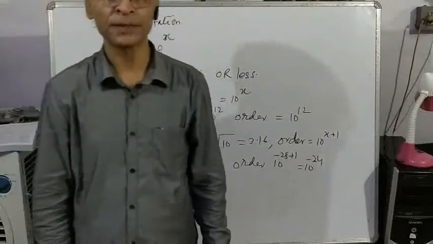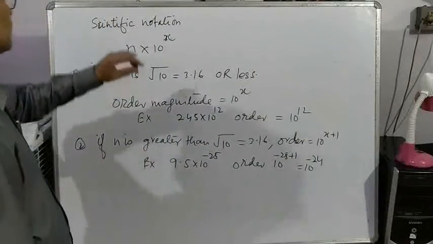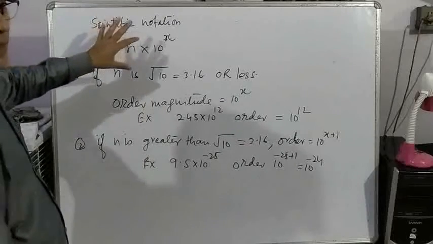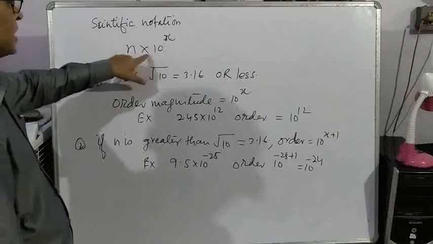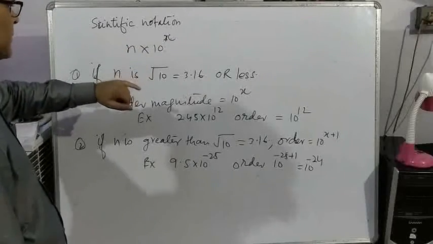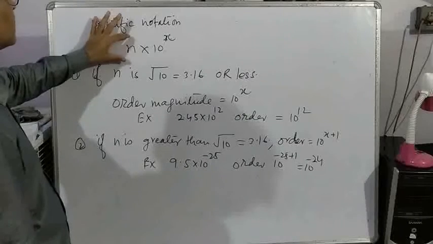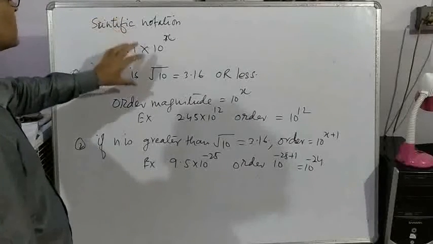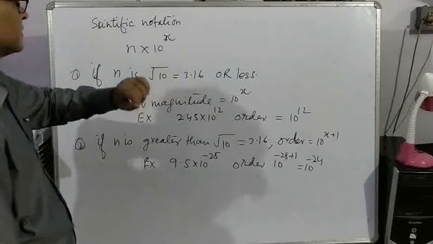Students, now I am going to explain order of magnitude. You know that number is written in scientific notation like this, n into 10 to the power x. Now you have to check that n is under root 10, that is 3.16 or less.